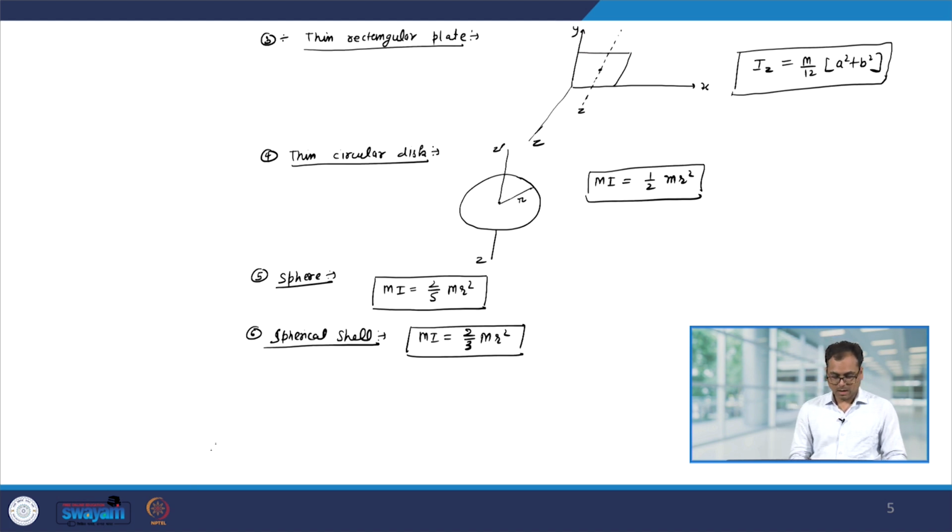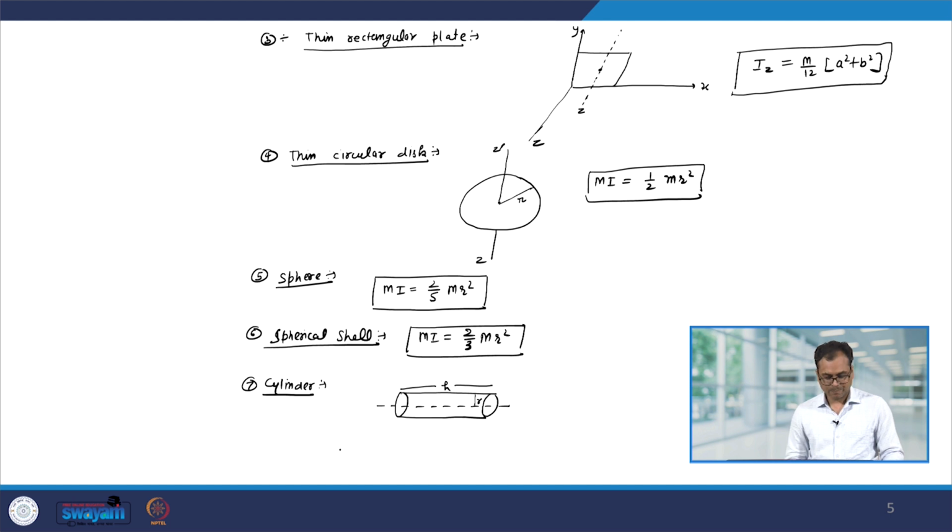Now, for the cylinder, let us say I have a cylinder of height h and radius r, and let us say this is o prime. Then the moment of inertia about o prime, which I also call the z axis, will be half m r square.